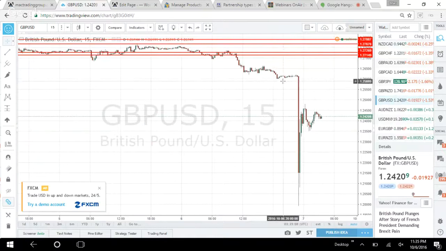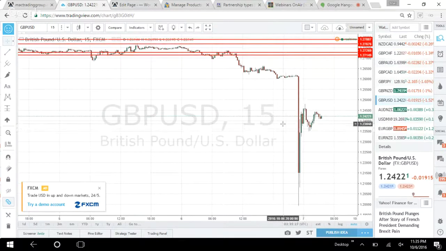Now you had your stop loss set, but when the market moves like this, stop loss means nothing. This was a big drop, one 15-minute candle. By the time your stop loss would have activated, you were probably already down hundreds of pips.